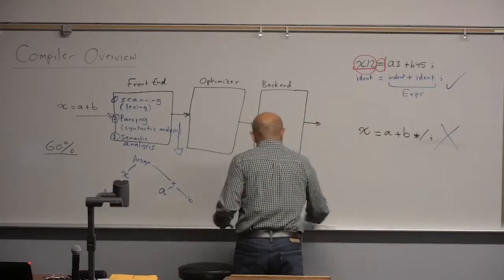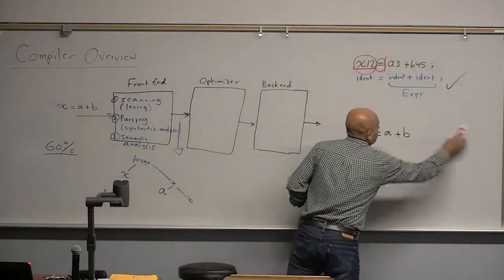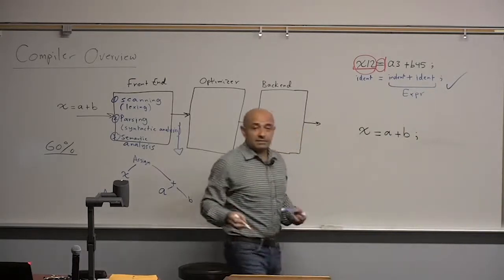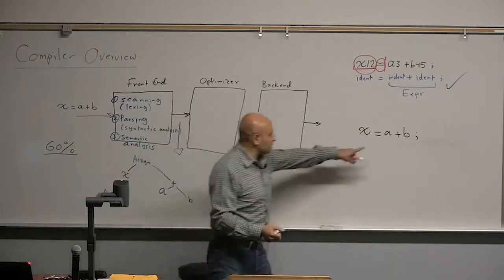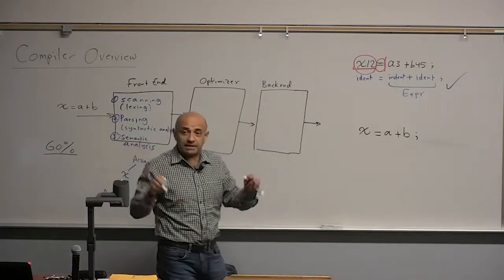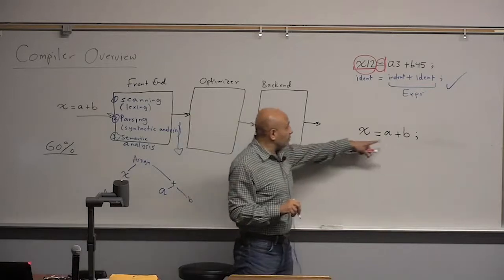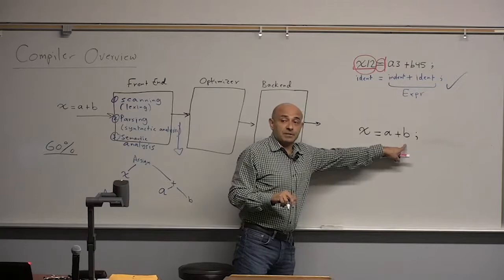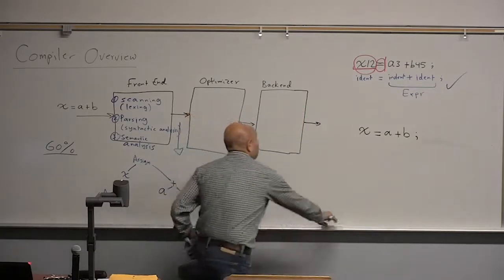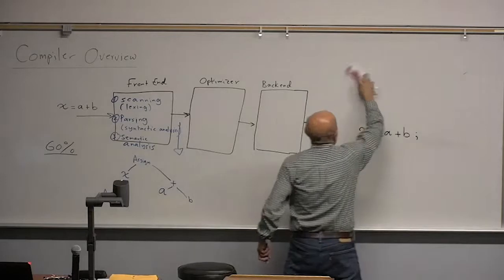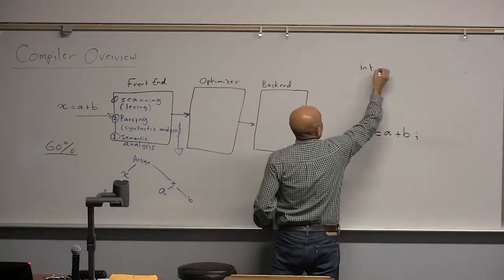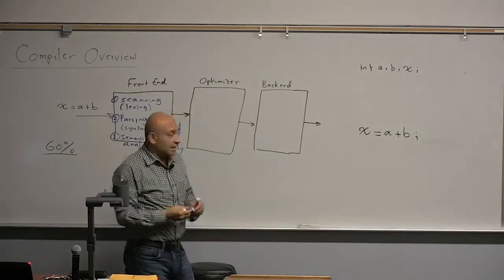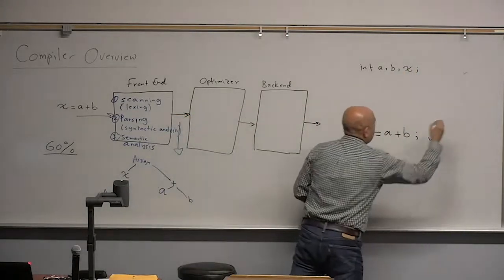So if we remove this bad stuff here, this is a valid statement. This is a simple expression assigned to a variable. But in fact, it will only be valid if the types of these variables are consistent. So if we have integer a, b, x, all of them are integers, then this is perfectly meaningful.